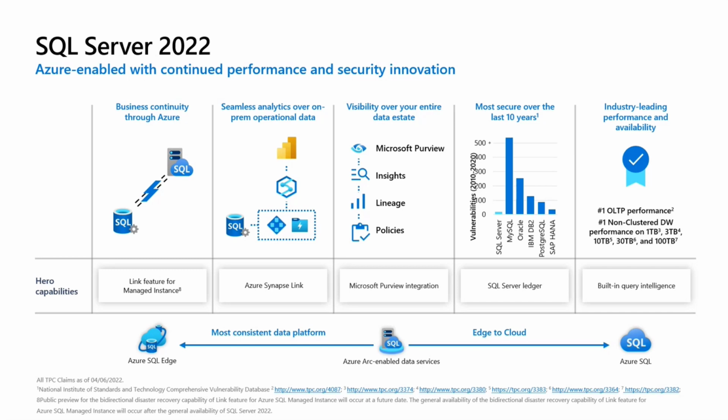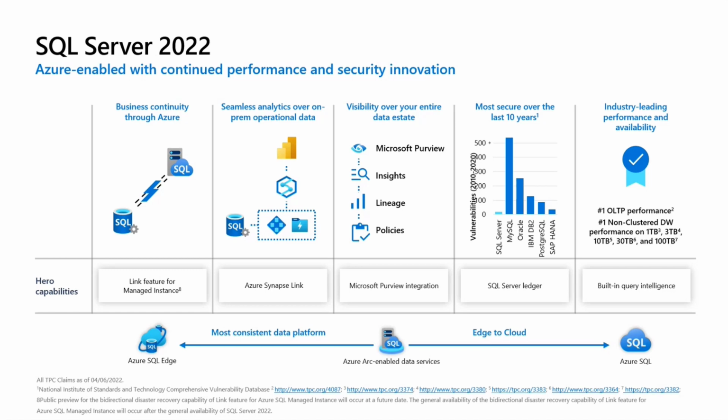And this is also trying to explain the first part of the slide, this concept of hybrid data services, right? We will see how we can enhance our business continuity, let's say, having a distributed availability group between SQL Server 2022 and managed instance, right?